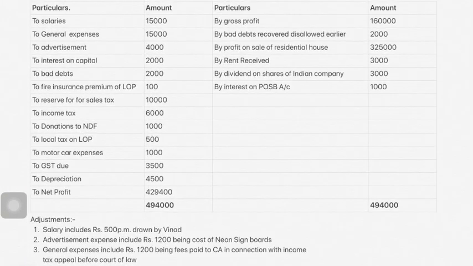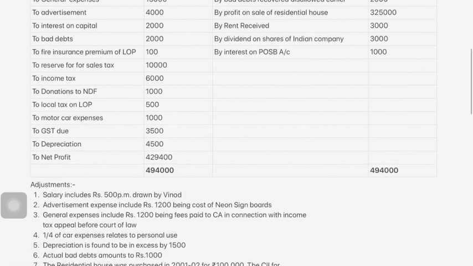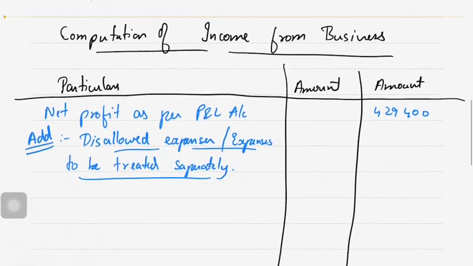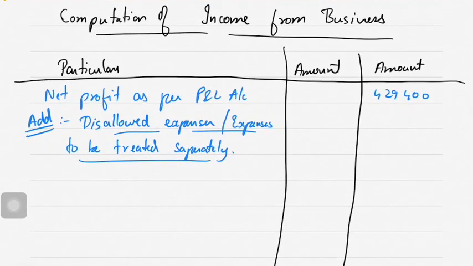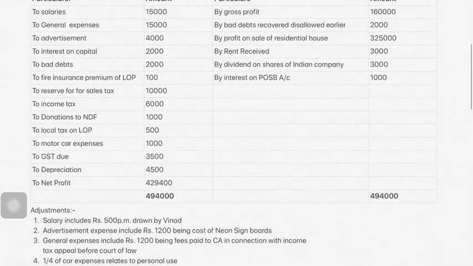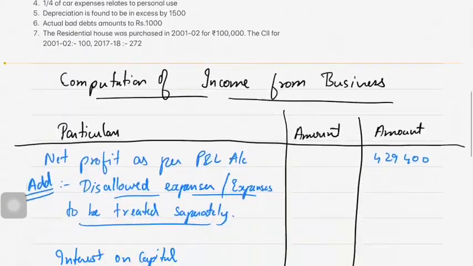Let's see. First one, when you see the debit side of your P&L account, to salary, to general expense, to advertisement, to interest on capital. Interest on capital is not supposed to be here, so you will add it back. So I'll write interest on capital 2000.